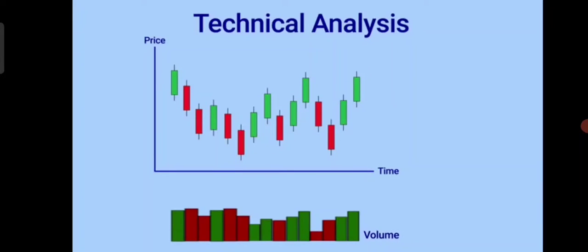The volume that you get below the major portion of the chart is in the form of a subgraph. So the volume is represented in the subgraph and price over time is represented in the major portion of the chart.